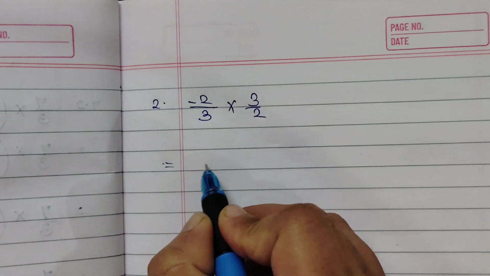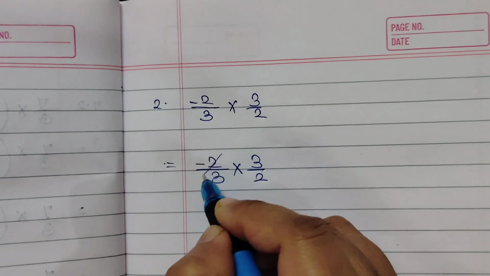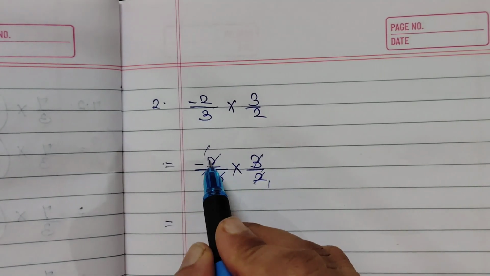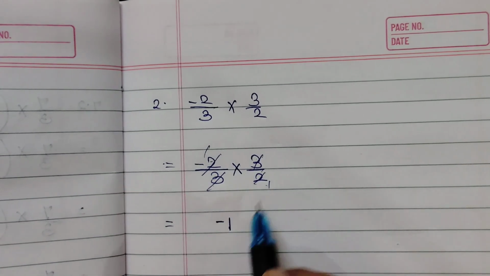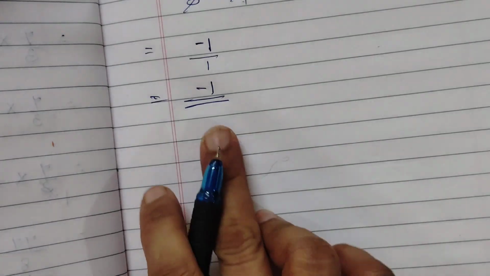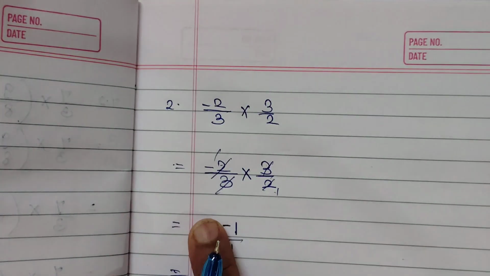So 2 and 2 get cancelled, 3 and 3 get cancelled. What remains? 1 into 1 is 1, minus. Down also 1 into 1 is 1. So what we get is minus 1. So they are not the reciprocals.